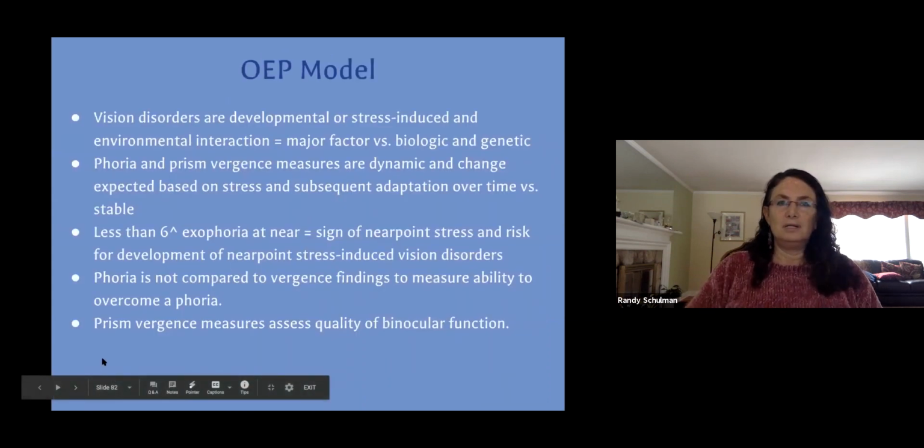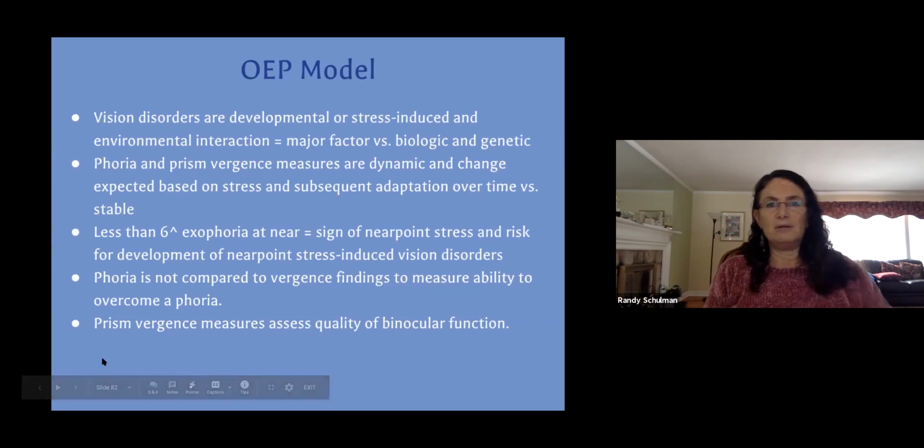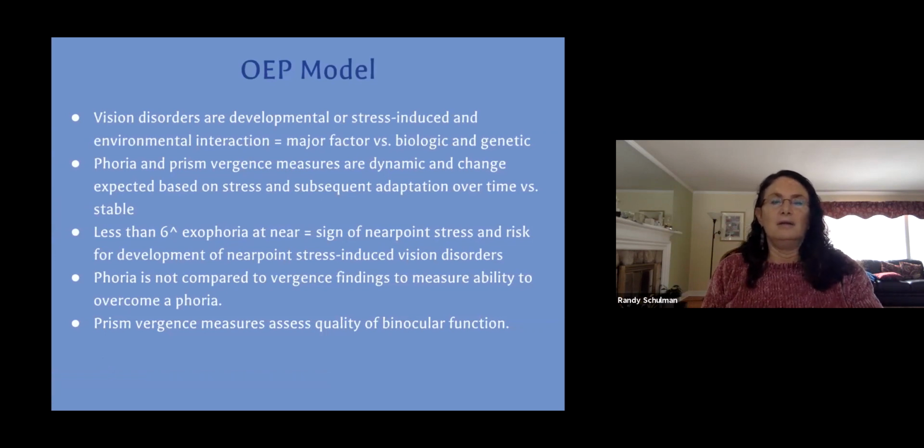So if we think about that OEP model, and the fact that vision develops over time and is susceptible to stress and environment, and all those factors at play, including genetics and physiology, I like to talk about it as a mental, emotional, physiological, biochemical model.